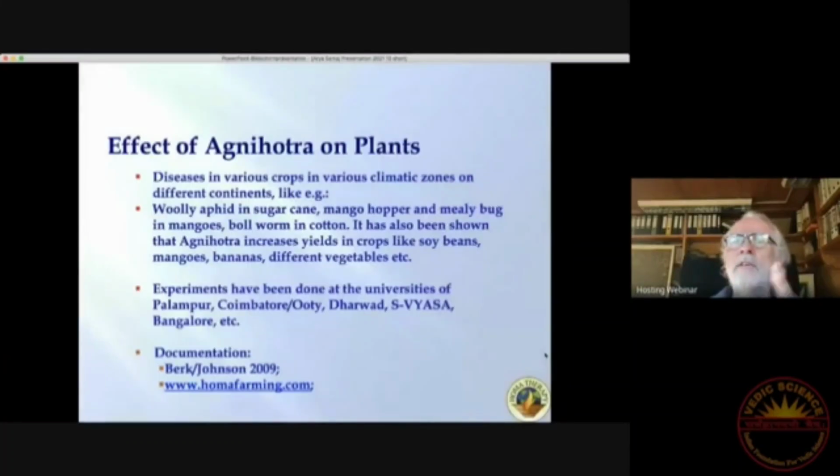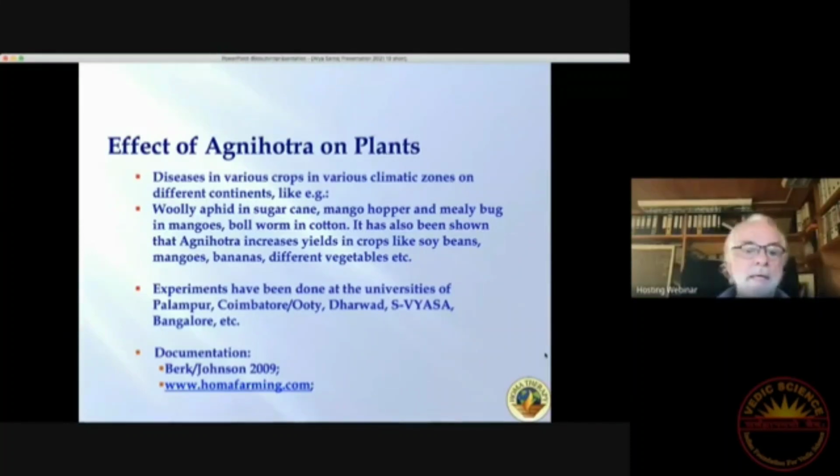Later on in the series of lectures, there will be one lady, Mrs. Limaya from Pune, who has done extensive research in this field also. So that will be also very interesting.